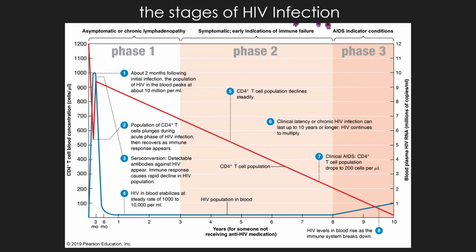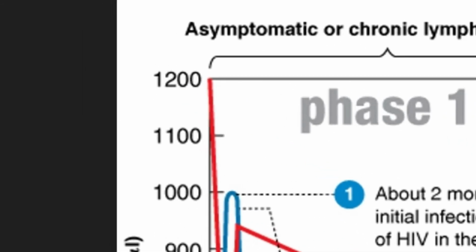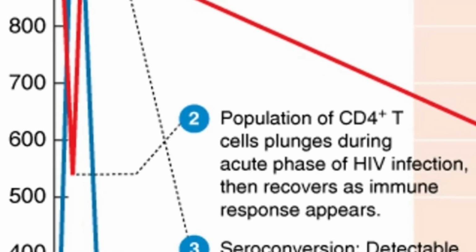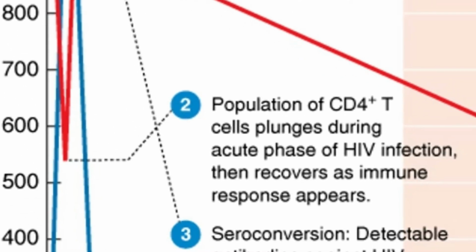So when a person contracts HIV, their helper T cell count, which is normally 1,200 cells per microliter, plummets to about half that because the HIV infects them and undergoes acute infection.